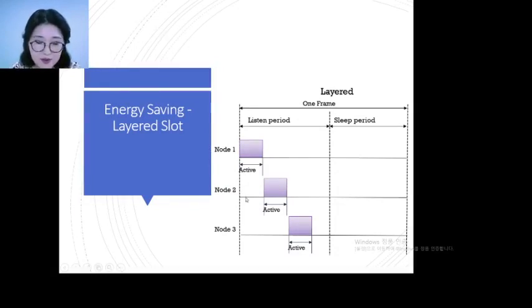Therefore, operating the active section by layer hierarchically reduces transmission loss and lengthens the lifetime of the entire network through energy saving of the sensor node. It can contribute to network lifetime extension.